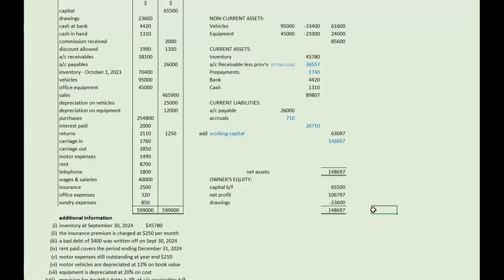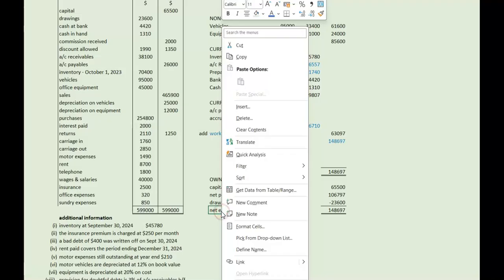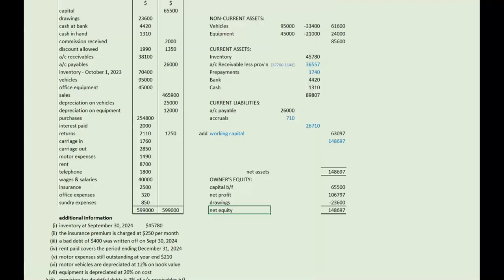My equity. If you want me to write net equity here, you can do that. My equity is 148,697, and so my balance sheet balances, suggesting that all of the information was correctly handled.